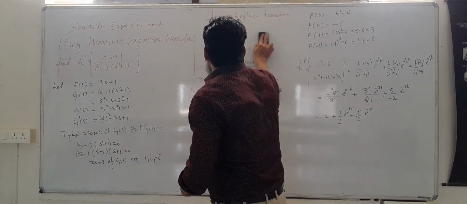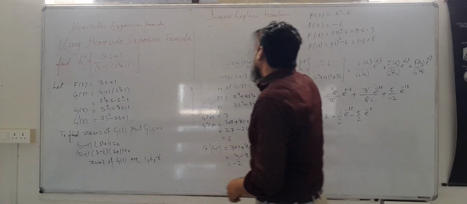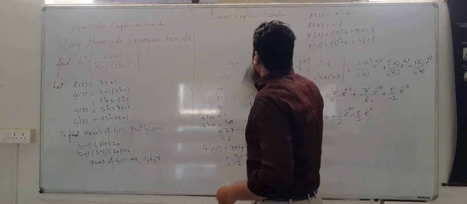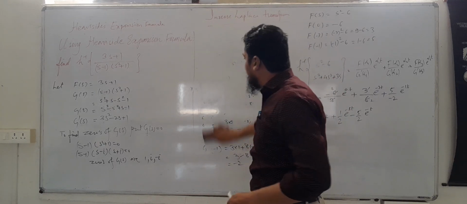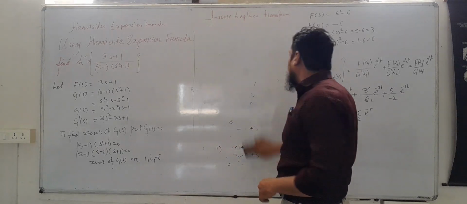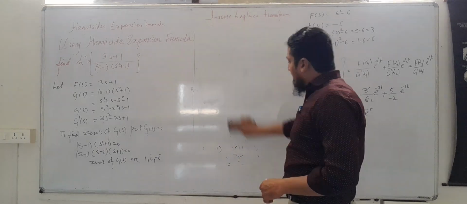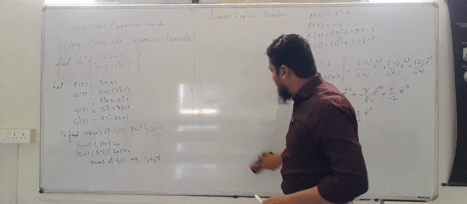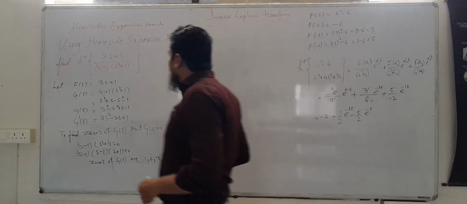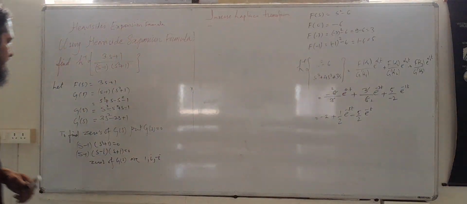Now, by using these zeros, we have to calculate each term of the formula and try to get the exact result for this particular example.